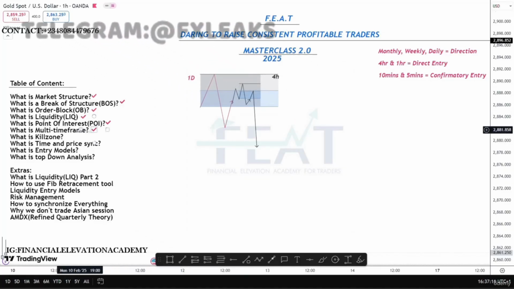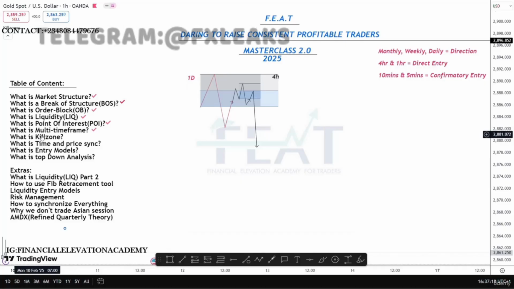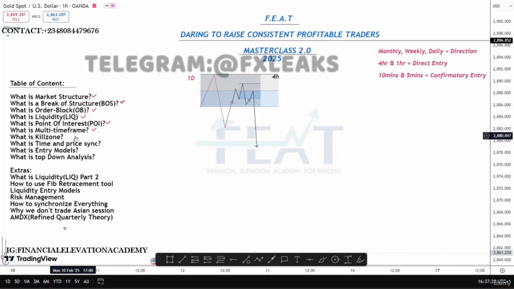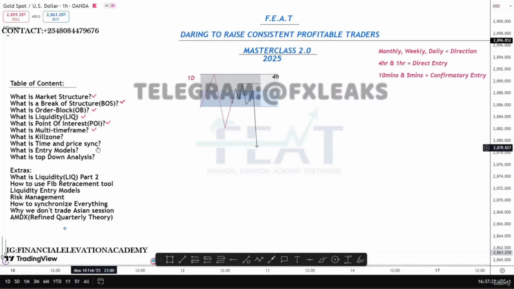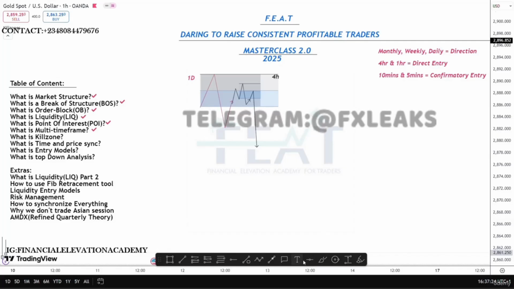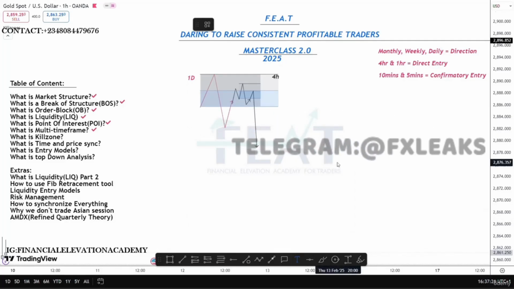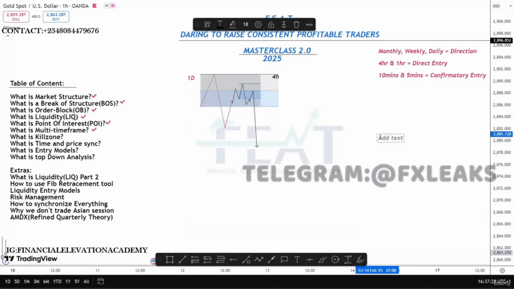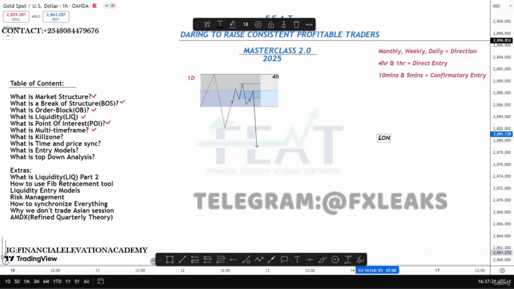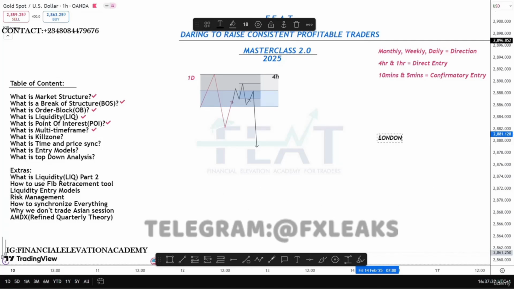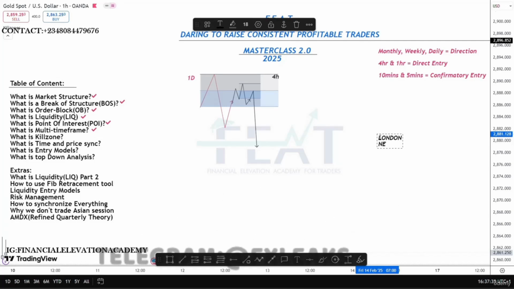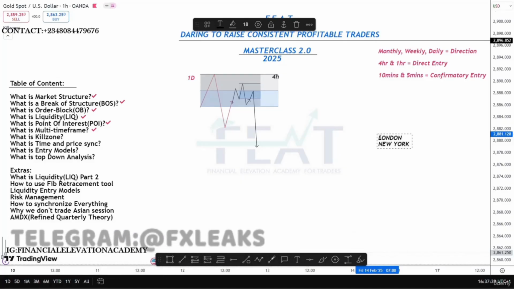Now, the kill zone is usually 1 hour before the opening of a session. Here we trade the London and New York session.